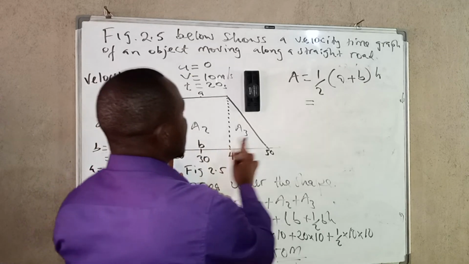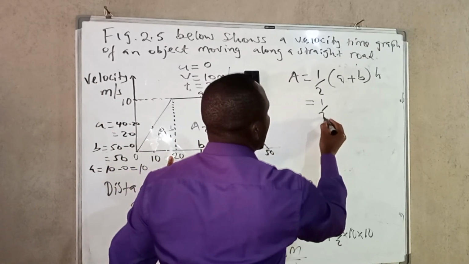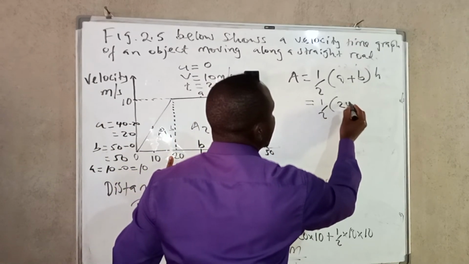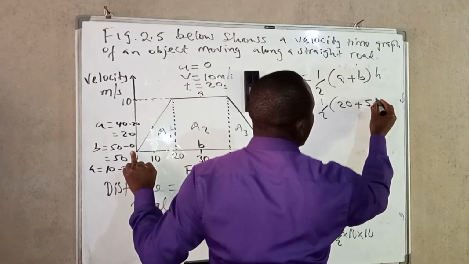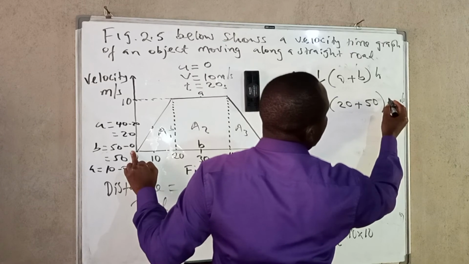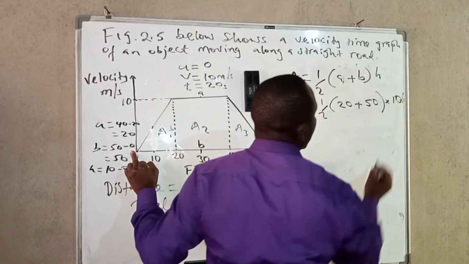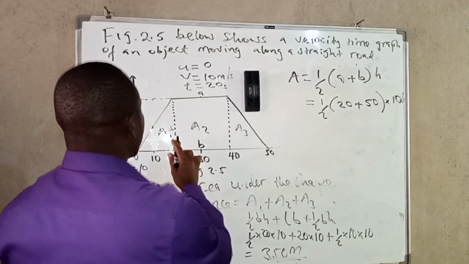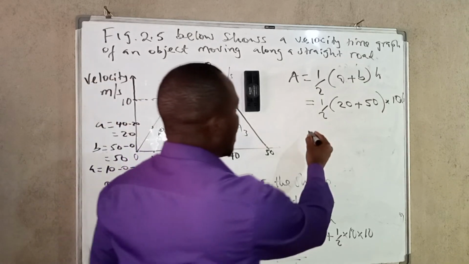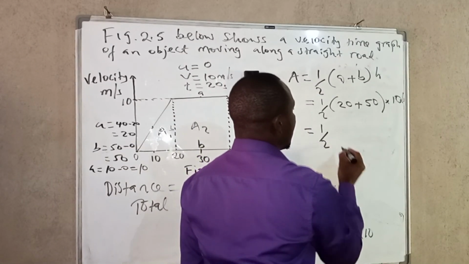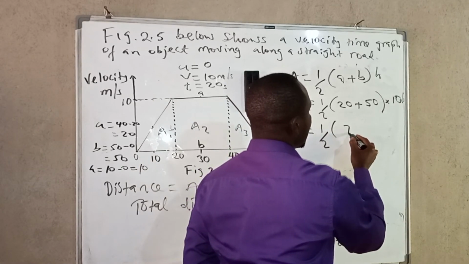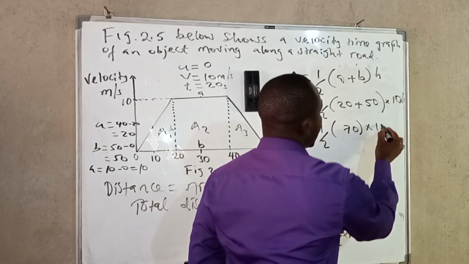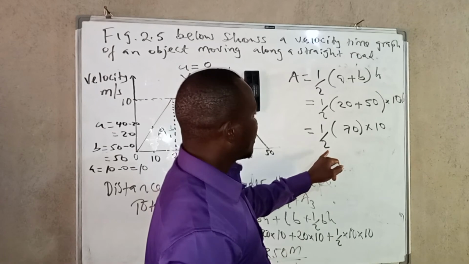So from this to this, we have our A, which we found to be 20, plus, from this to this, we have 50, which is the B, and then we have 10 as the height. So this will be half times 50 plus 20, we get 70, times 10.